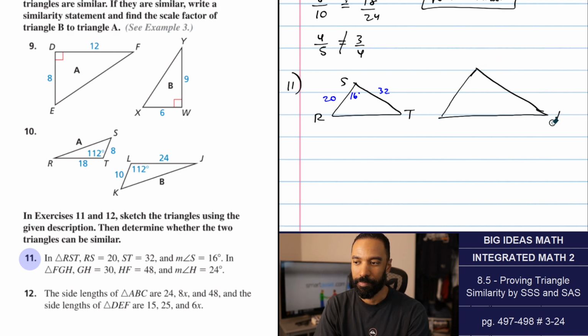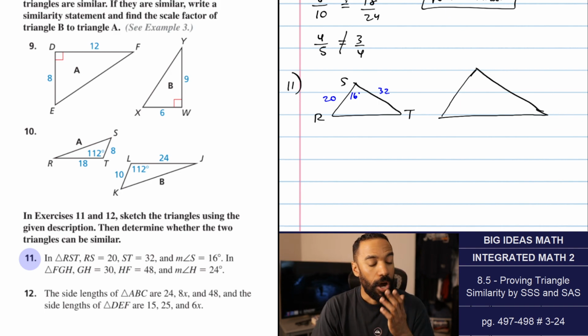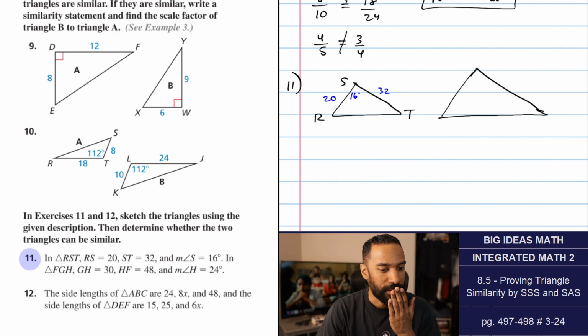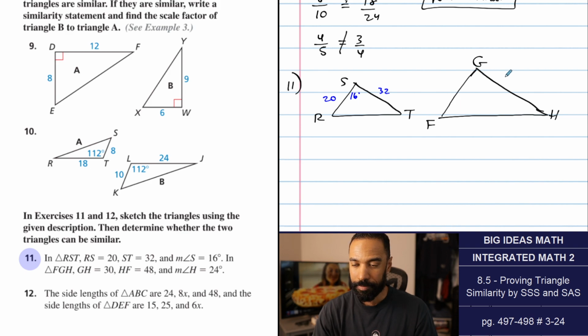So look at this. Okay, let's keep it. FGH. I don't yet know what they're going to say about it. GH is 30. HF is 48. And measure of angle H is 24 degrees.